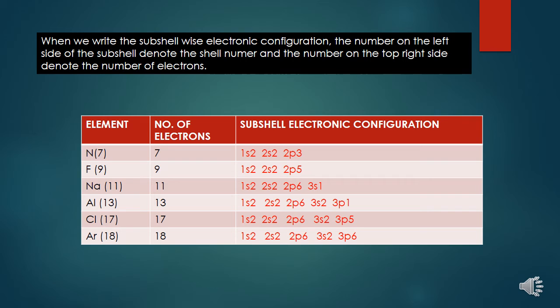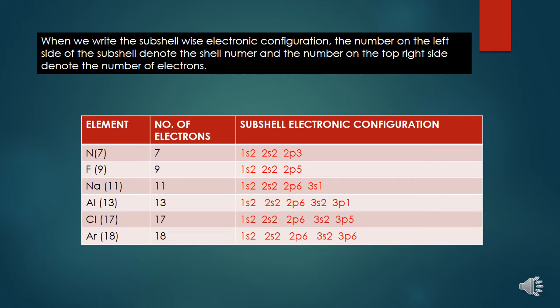In the case of fluorine, the atomic number is 9. So the number of electrons is also 9, and the subshell electronic configuration is 1s2, 2s2, 2p5. For sodium, the electronic configuration is 1s2, 2s2, 2p6, 3s1 because the number of electrons is 11.